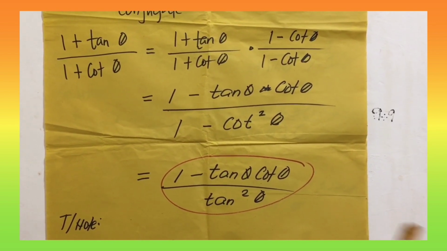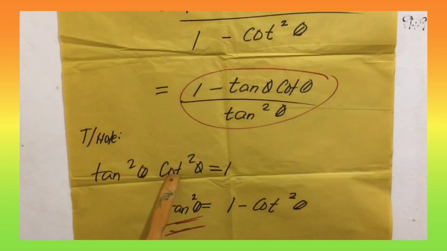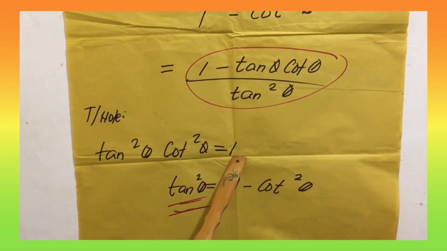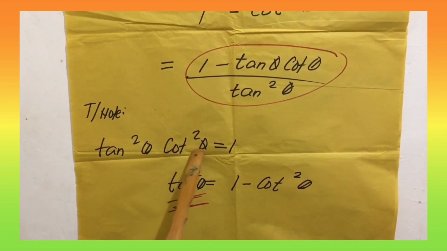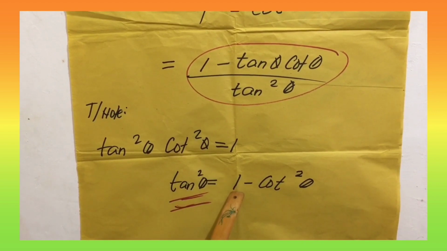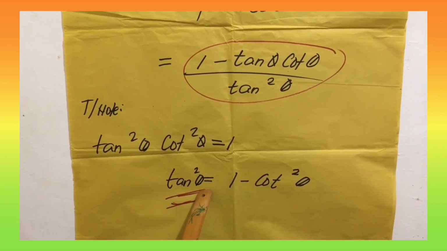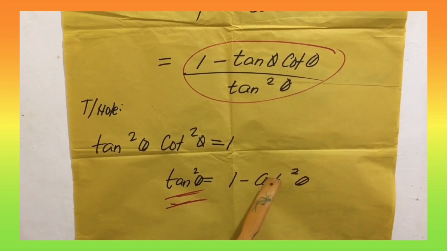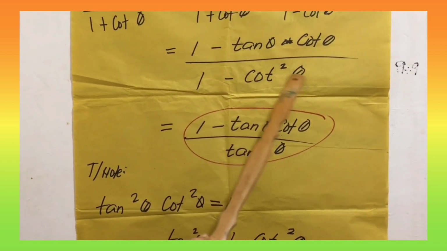And then take note that tangent squared theta plus cotangent squared theta is equals to 1, and if we're going to transpose the cotangent squared theta to the other side of the equation, we will have tangent squared theta is equals to 1 minus cotangent squared theta, which is equivalent to the denominator, which is 1 negative cotangent squared theta.